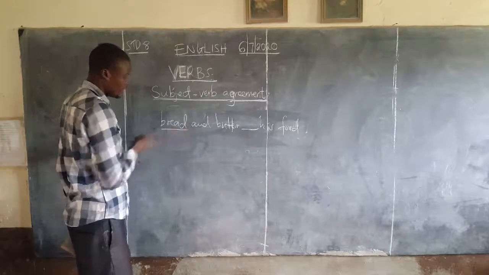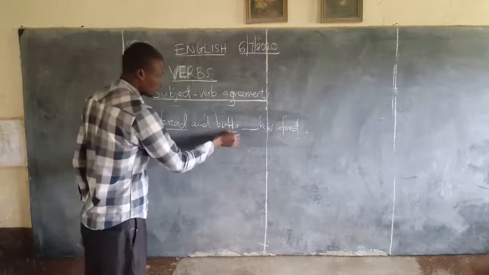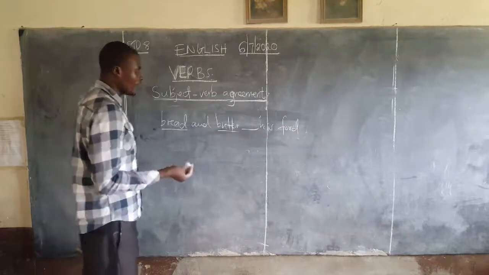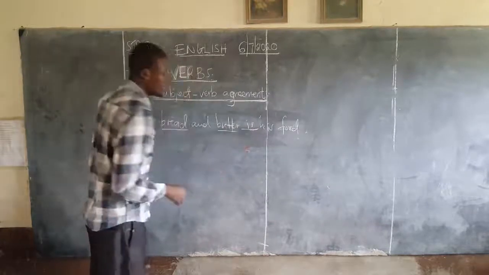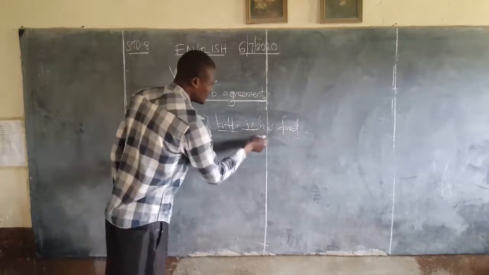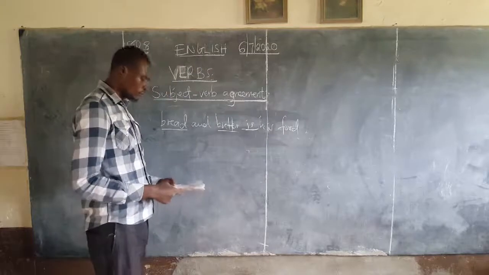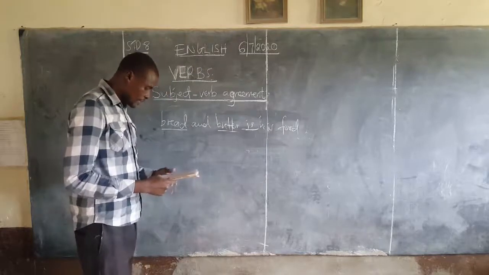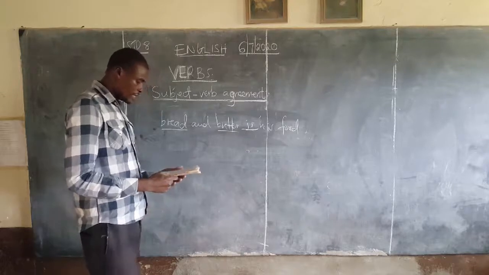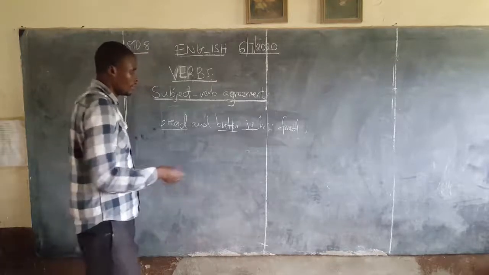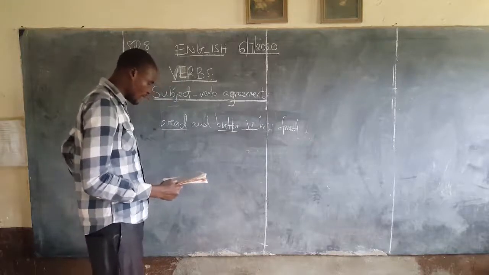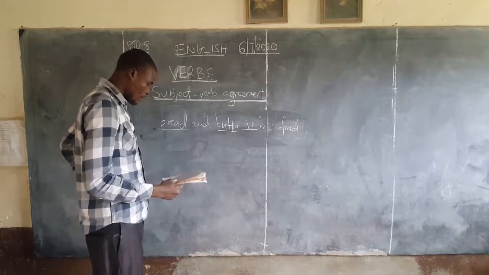So we can't count bread. Bread is uncountable, as well as butter is uncountable. So bread and butter, we talk of is. Don't say bread and butter are his food. Bread and butter is his best food. Another one: the cook and the houseboy is sick today. Don't say the cook and the houseboy are sick.